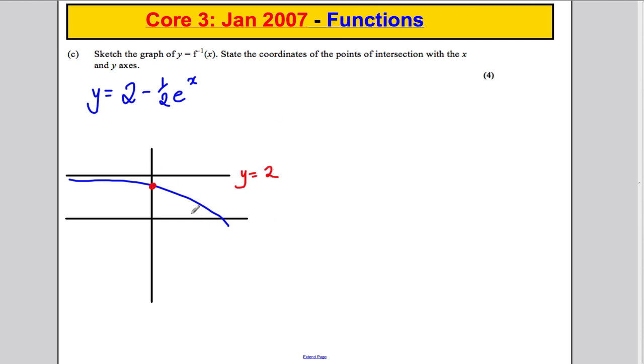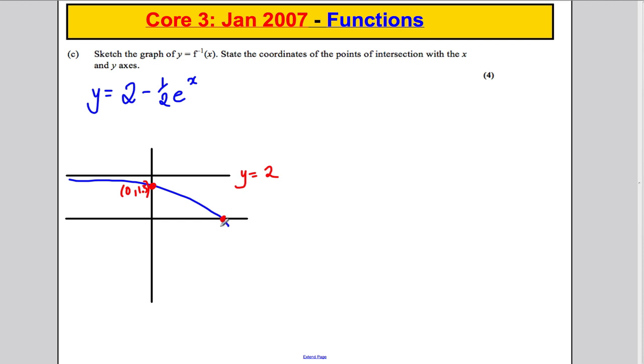Now, what's the value here and what's the value here? Well, if x is equal to 0, y is actually 2 subtract a half, which is 3 over 2 or 1.5. So this point here is (0, 1.5).